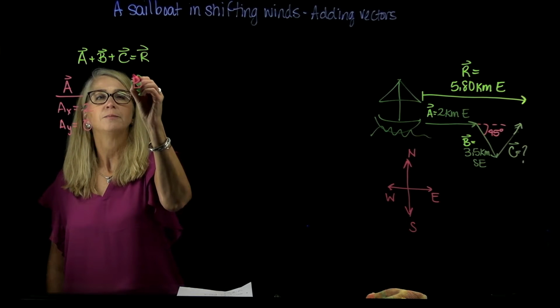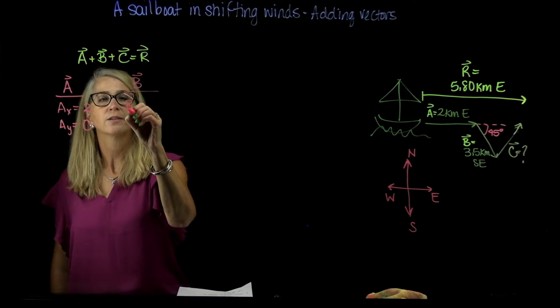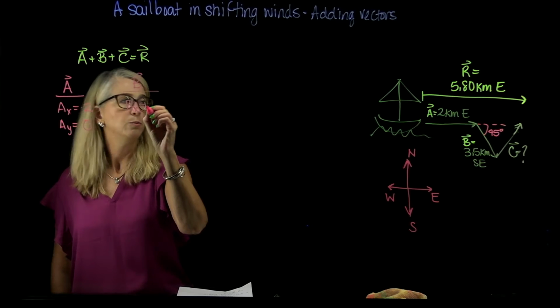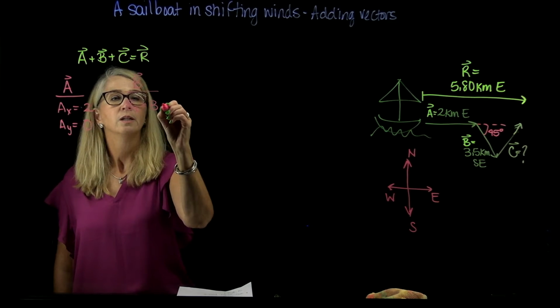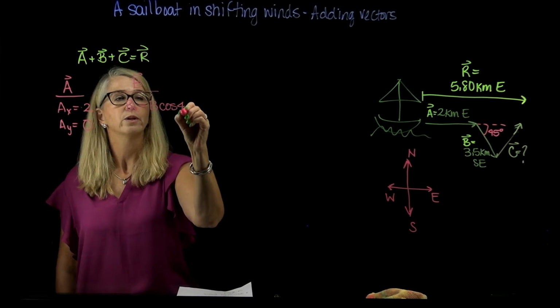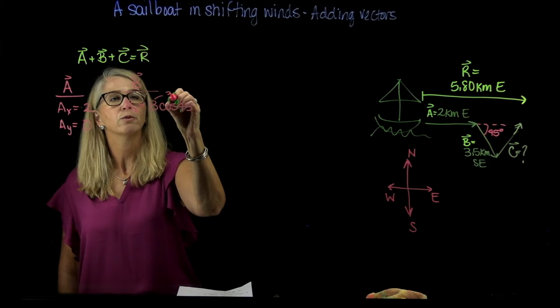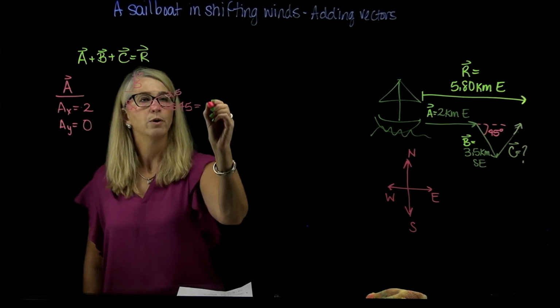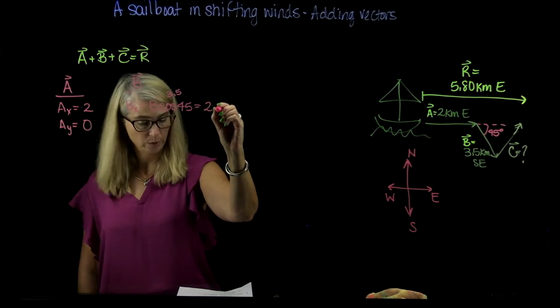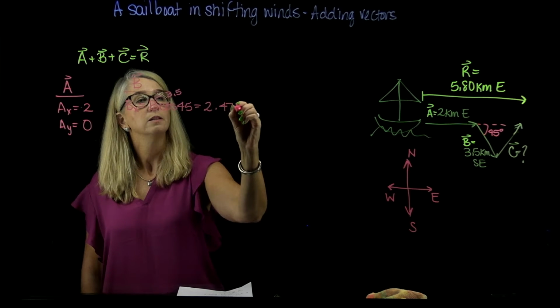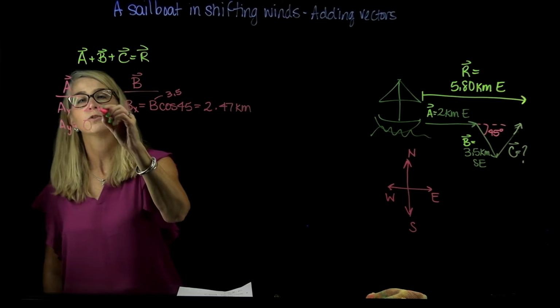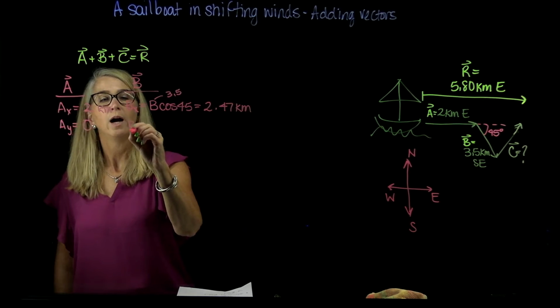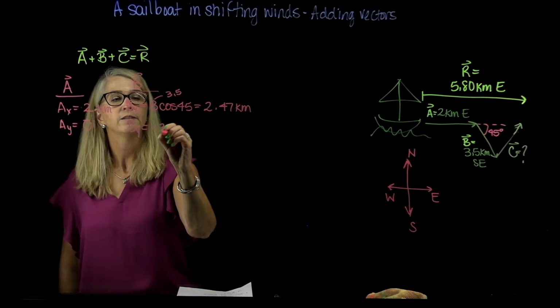For B, Bx is going to be B times the cosine of 45 degrees, where B is 3.5. And so this gives us a component of 2.47 kilometers. This is kilometers too. By. Now By is negative.